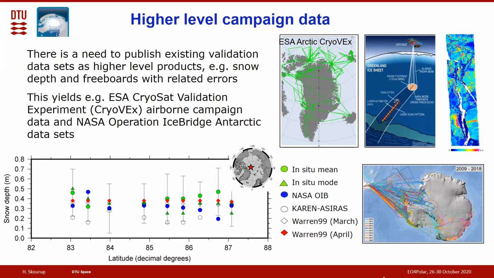So there is a need to publish existing validation data sets as higher level products, e.g. snow depth and freeboards with related errors. And this yields the ESA CryoSat validation experiment, CryoVEx airborne campaign, as well as the NASA Operation IceBridge Antarctic dataset.